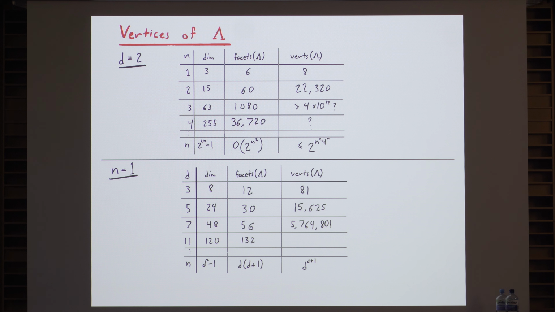So we tried enumerating vertices. We get a lower bound of 4 trillion or something, but we don't really know how many there actually are. We can't write them all down. And you can find an upper bound for the number of vertices, but it's this crazy double exponential thing. So a lot of vertices is the answer. We don't know how many exactly. You can do the same thing for a single qubit, but scale the dimension.